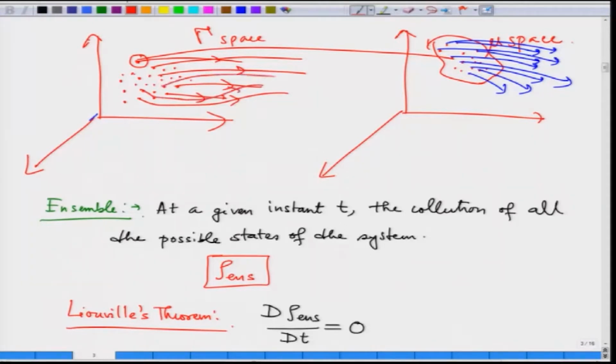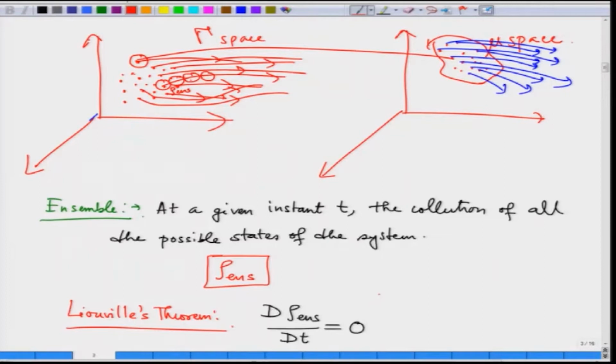I do not know which law, but that depends on the system. If you follow any one of those trajectories and continue calculating, for example, rho ENS along the trajectory, with time it will be constant. So, that was the statement of Liouville's theorem.